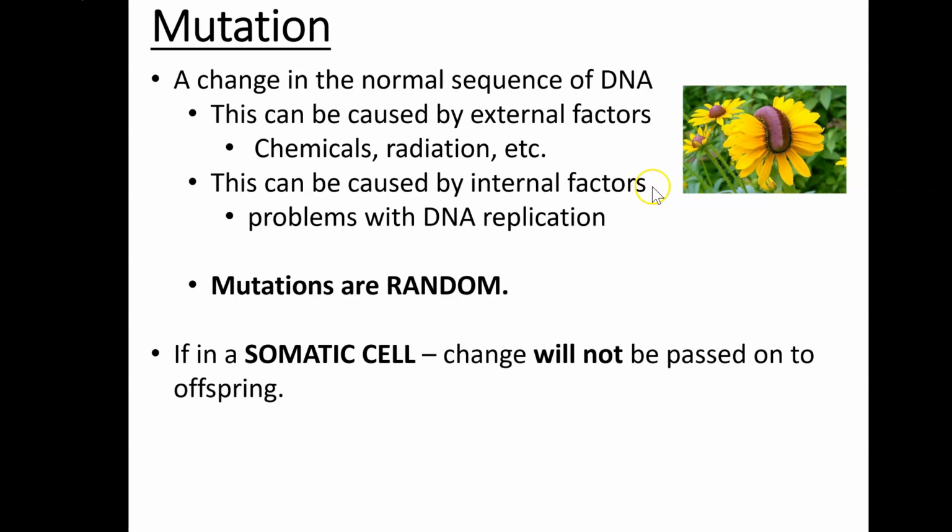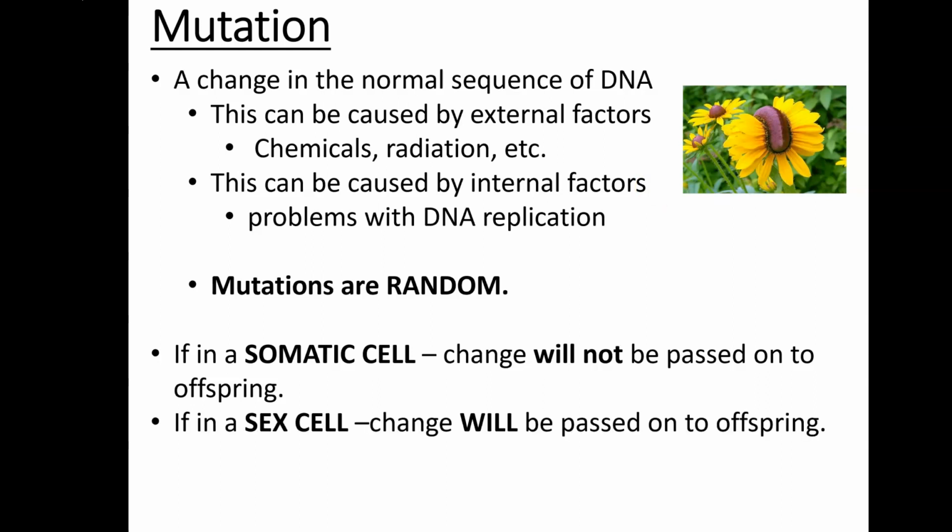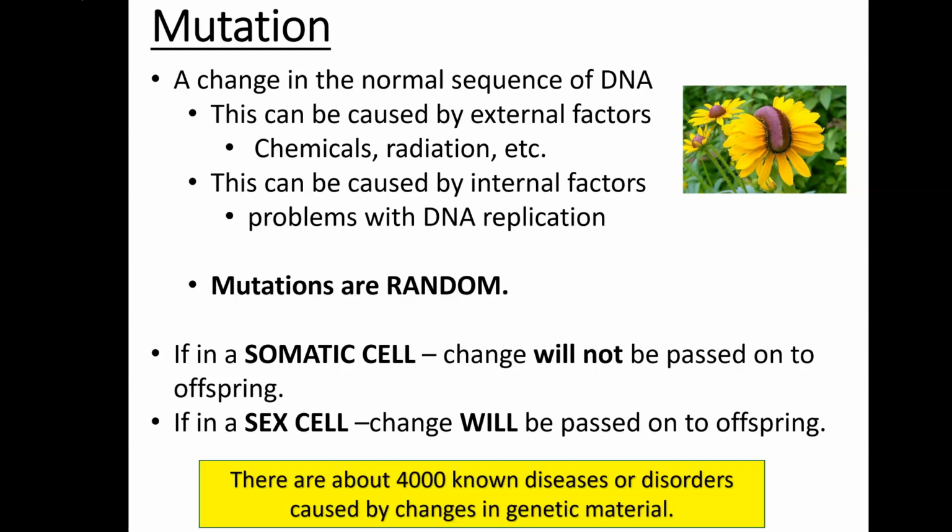Mutations are random. If a mutation occurs within a somatic cell, the change will not be passed on to offspring. If it takes place in a sex cell, the change will be passed on to offspring.